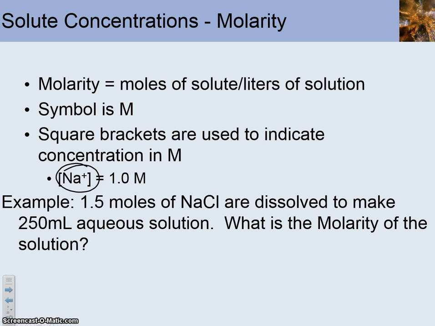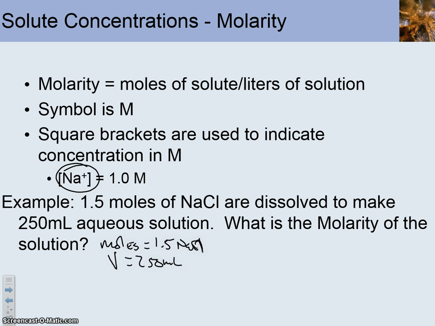So an example here: I have 1.5 moles of sodium chloride dissolved to make 250 milliliters of aqueous solution. I want to know the molarity of the solution. So I read through the problem and figure out what it gives me. I have 1.5 moles of sodium chloride, and I have 250 milliliters, which is the volume of solution.